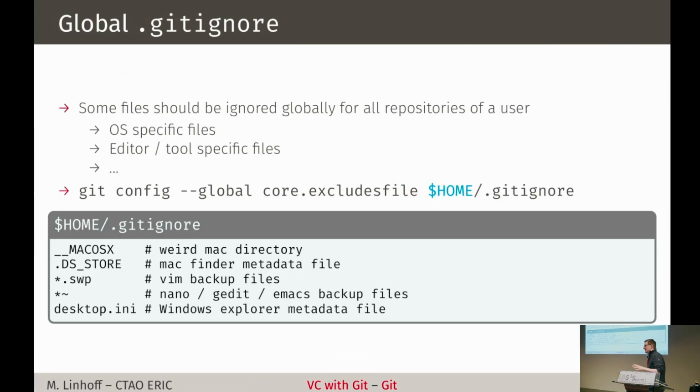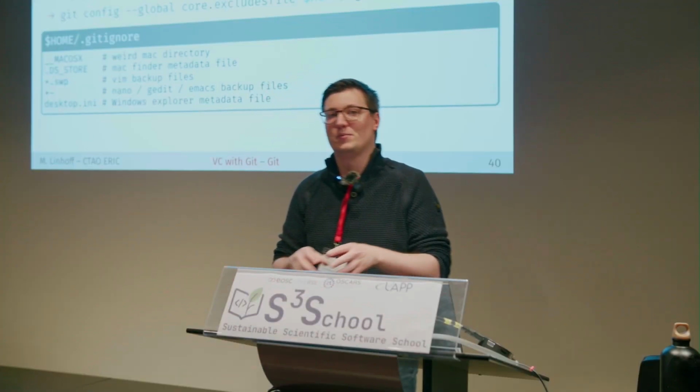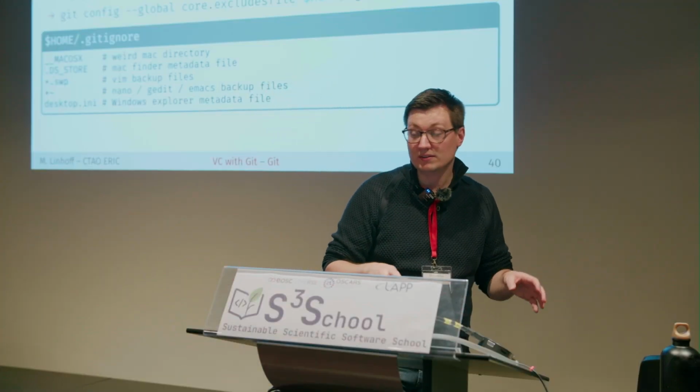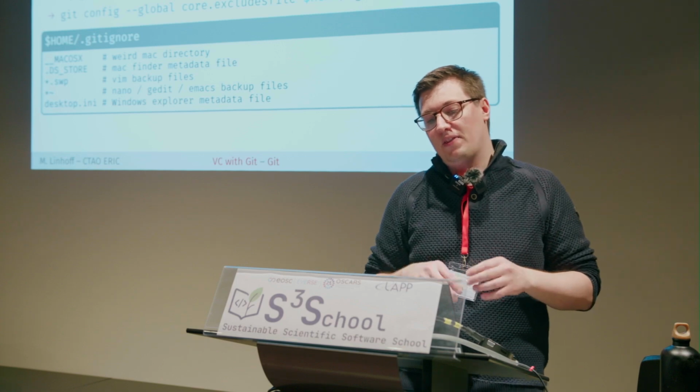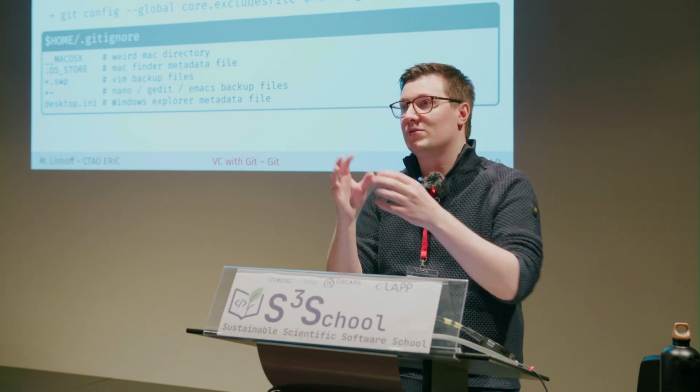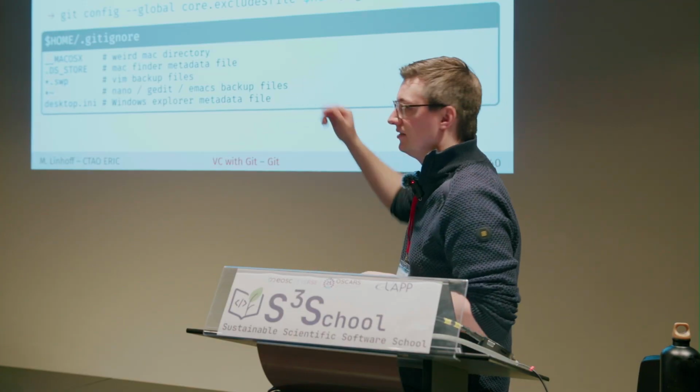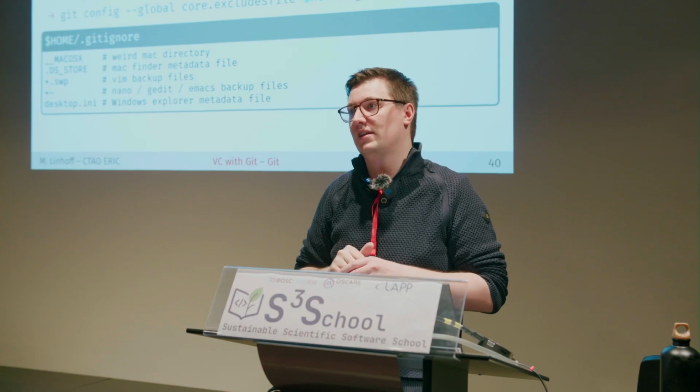I just said that these files are okay to add to the project because they should be the same for everyone using the project. But there are also files that are specific to your setup, to your machine, right? Maybe you use an editor that stores a configuration file. Maybe you have macOS that creates these .DS_Store files in every directory you open with the Finder.